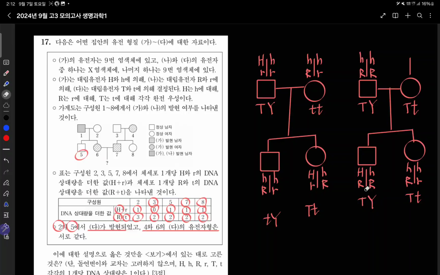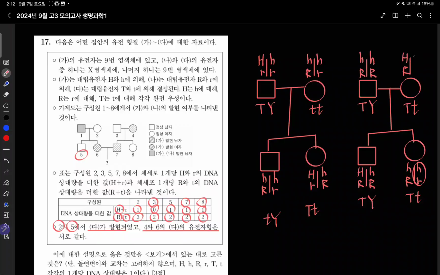And then this chromosome should be from his mother, so his mother should have the chromosome with capital H and capital R alleles. And then how about this? This chromosome should come from her mother.